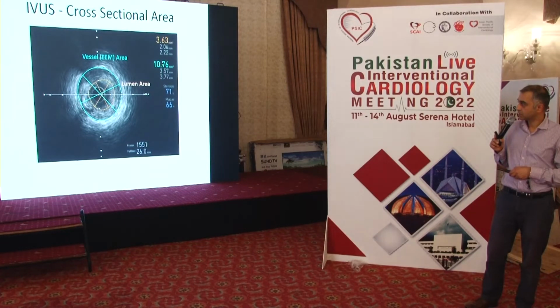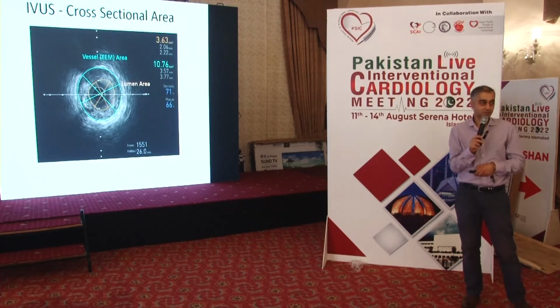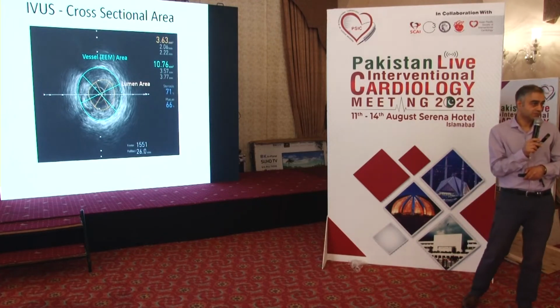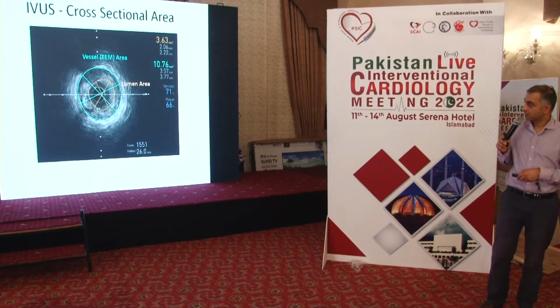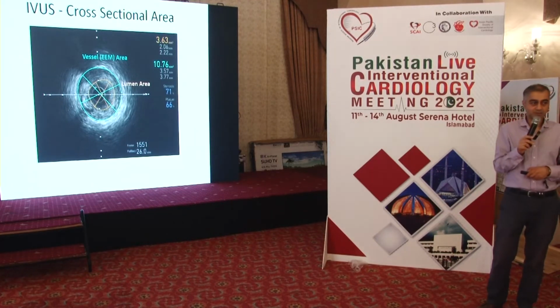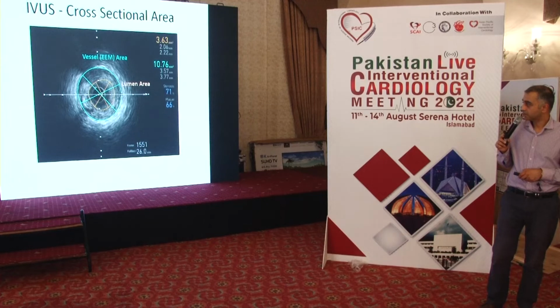That's your external elastic membrane area. You can also do the same for the lumen area. So these measurements can be either automated on the device or they can be put in by dropping dots into the lumen. And you can get a luminal area, which is 3.63. Now, using those measurements, you can do some basic maths to work out what your plaque burden is.